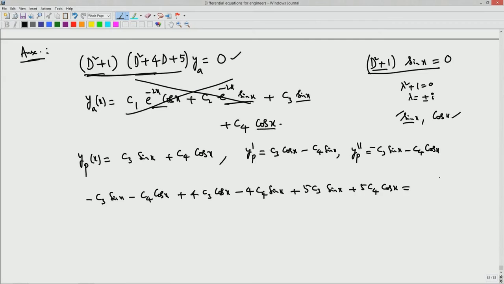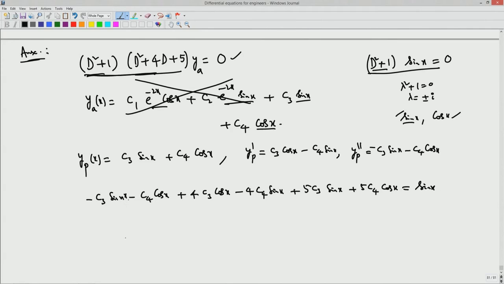The right hand side is given as sin x. So, you see the left hand side is fully in terms of coefficients of sin x and cos x. Sin and cosine are linearly independent, you know that. Because they are linearly independent, you can equate the coefficients on both sides.